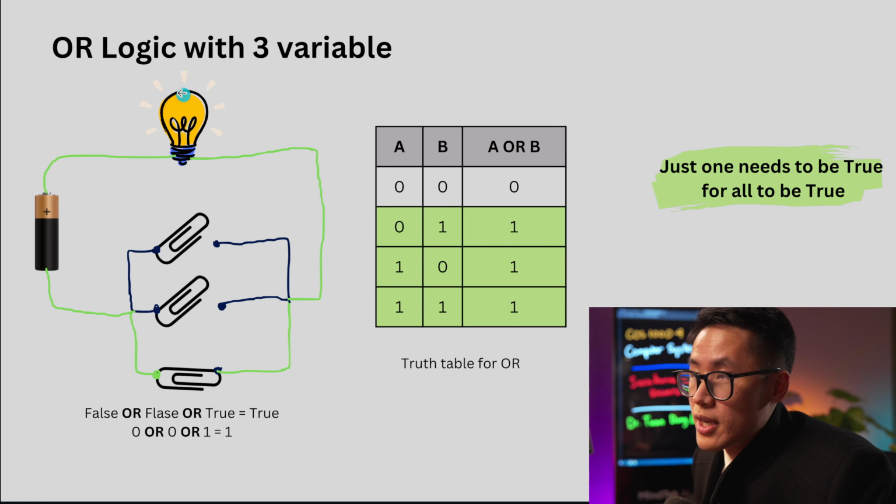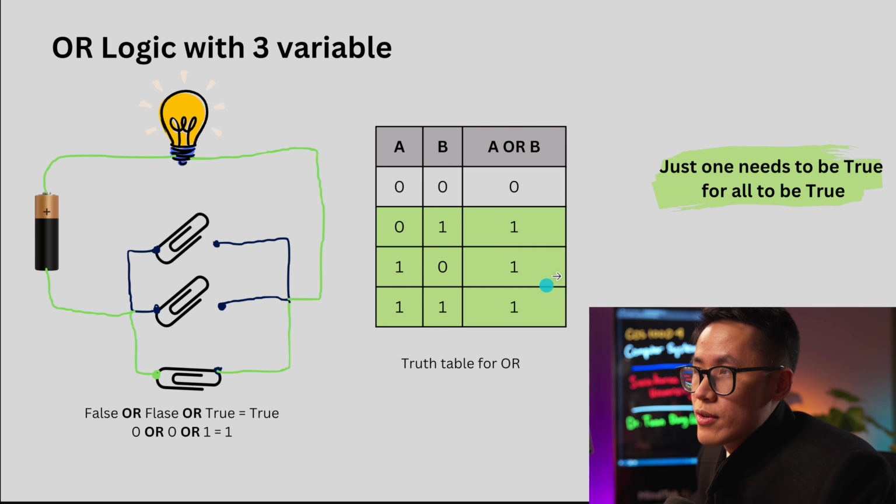Okay, if I want to represent the OR logic with 3 variables, then I can have 3 gates in parallel like this. So I can write it as false or true, false or true. And because the bulb is on, the final value will be true. Or I can write 0 or 1, and the final value will be 1.